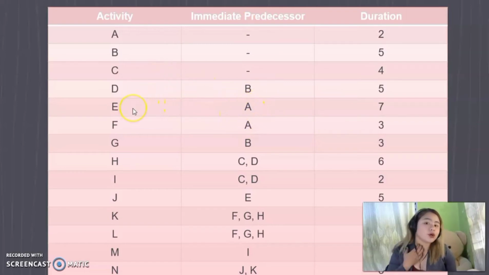So again, before we draw the activity, we have to check in the immediate predecessor column whether that particular activity will end separately or with any other activity. So as you can see here, E is an immediate predecessor for activity J, and it ends separately. So therefore, this is an independent activity. So it ends separately.